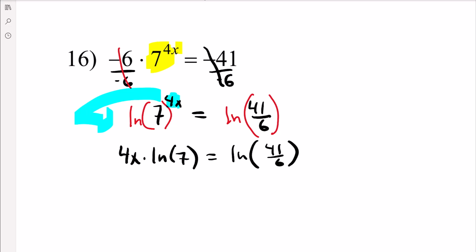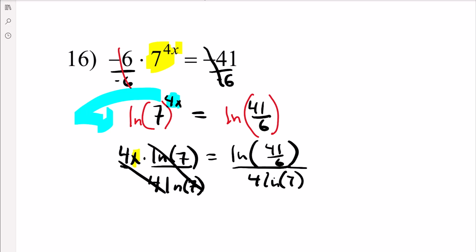Now we want to get the x by itself. It has a multiplying ln of 7. It also has a multiplying 4. So we could actually divide 4 times the ln of 7, both sides. Well, I don't need to put that in parentheses. I need to put this. So that cancels, the 4 cancels.